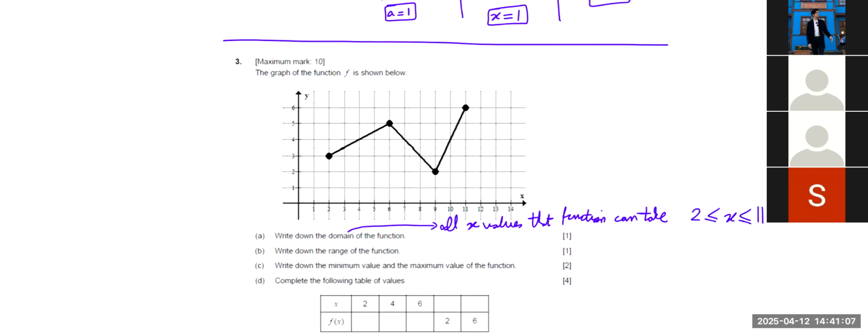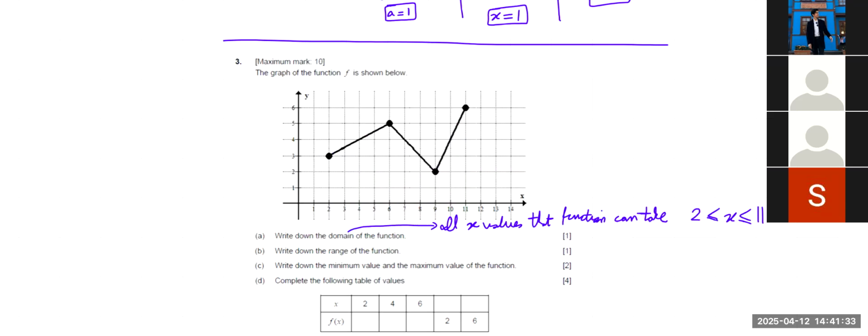Because you see, everything between 2 and 11, the function has, right? And why am I saying more than or equal to 2 and less than or equal to 11? Because these are full dots. If these were empty circles, I would say 2 is not part of my group. It's not part of the cool girl squad. So x would be more than 2 and not more than or equal to 2. Okay? So is this clear, Jessica and Amy?